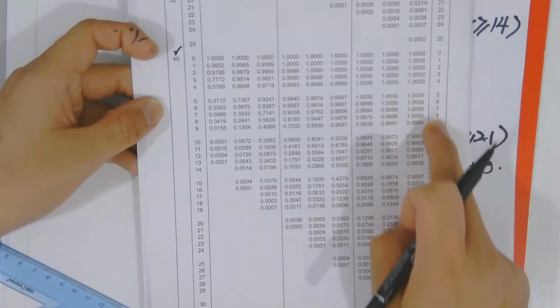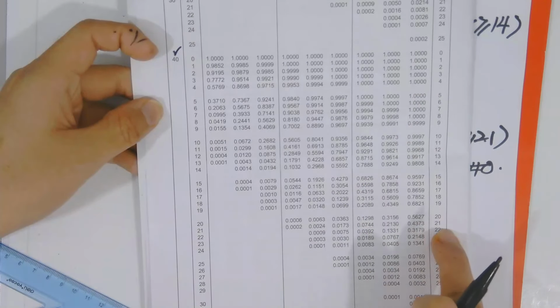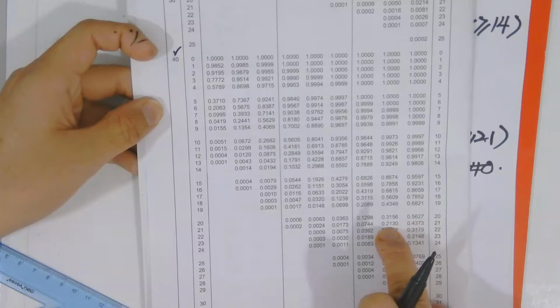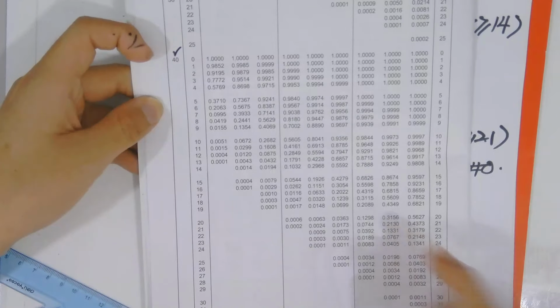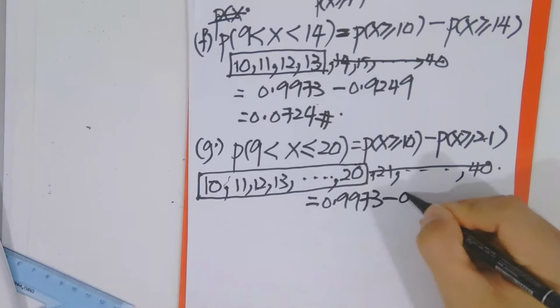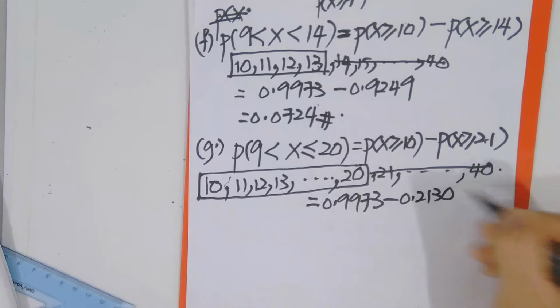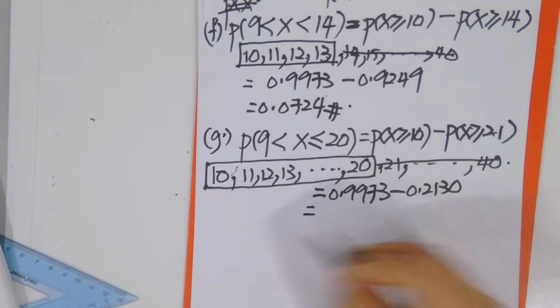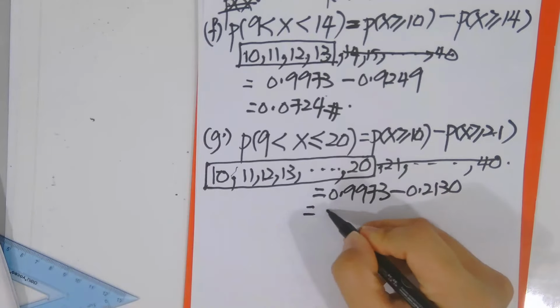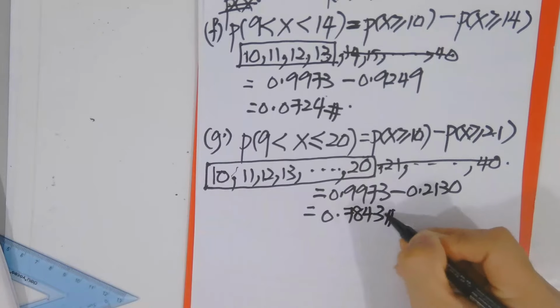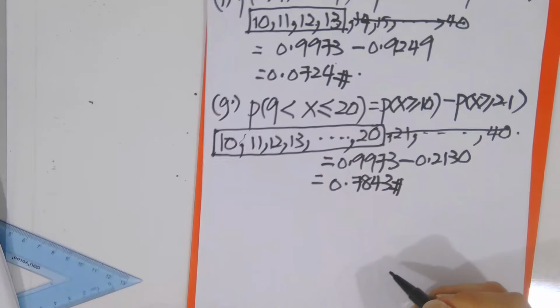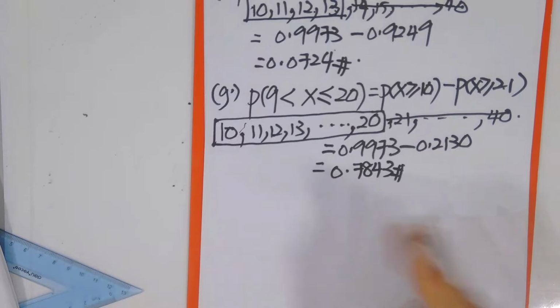Where is 21? 0.2130. So you write here 0.2130. Just calculate the value, then you will get your required probability, which will be 0.7843. That is already enough for you to understand.